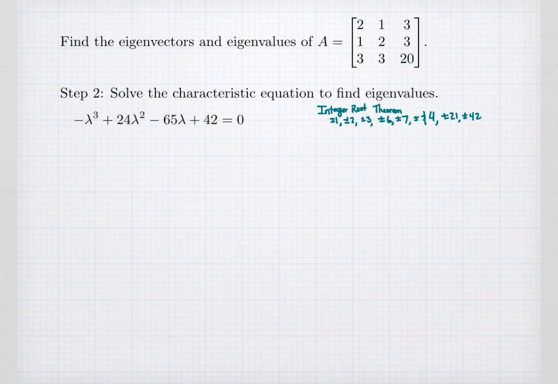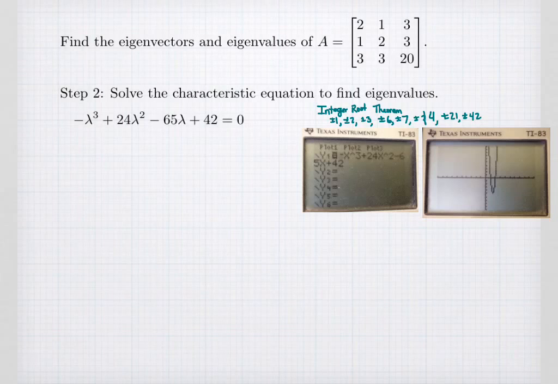And one way that I could do this, if I have a graphing calculator, and you're not going to have a calculator on a test, but for practice problems you do, you can actually look at a graph. So I plug this polynomial into my calculator. Here's the polynomial.